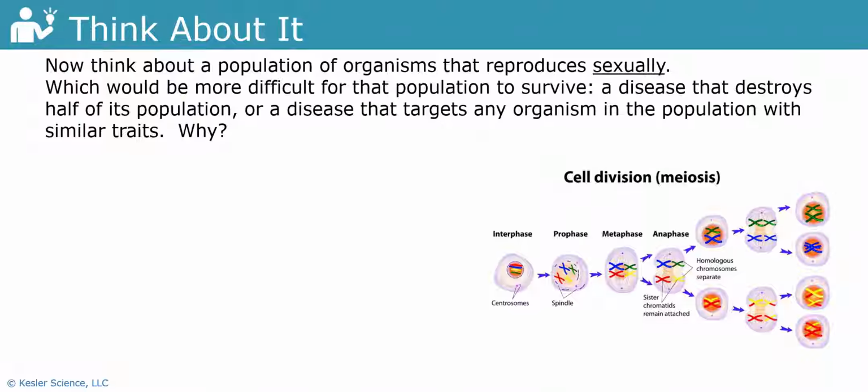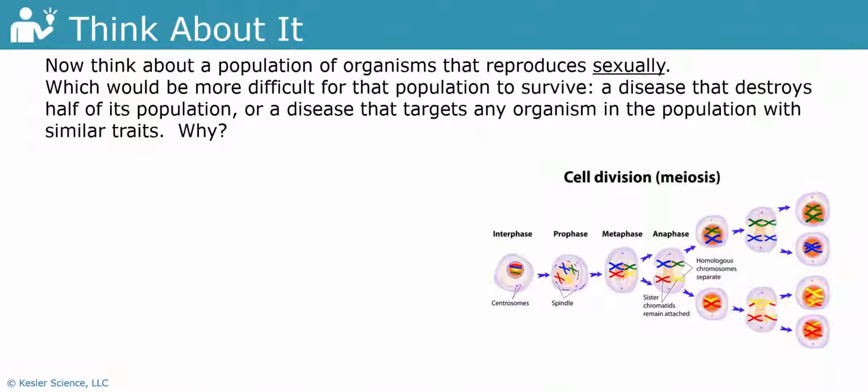I might go out on a limb and say less than 50% of the organisms are going to have this exact same trait. So I think it might be more difficult for the population to survive losing half of its members. If the disease targeted organisms that have a similar trait, there's probably just a lower chance, like less than 50% of the organisms, that will have this exact same trait that the disease will wipe out. So that's where I'm thinking with that.